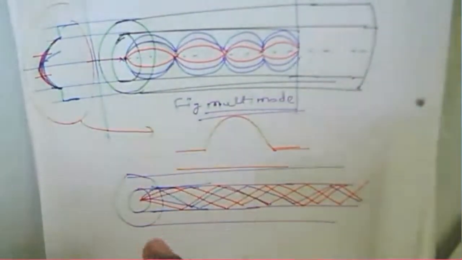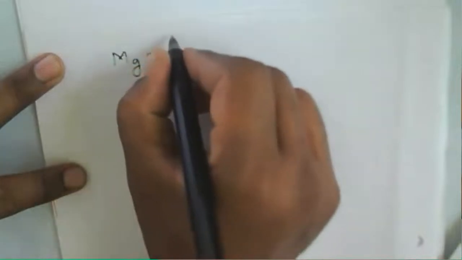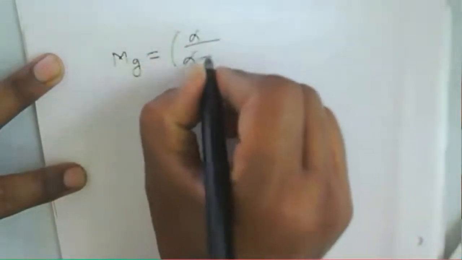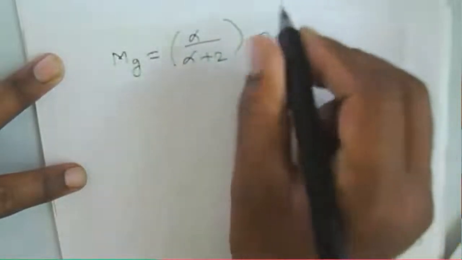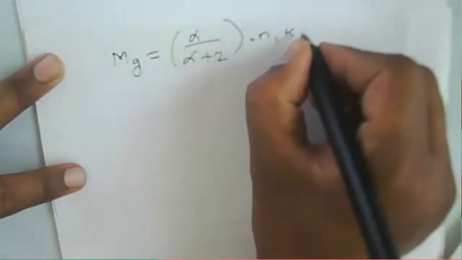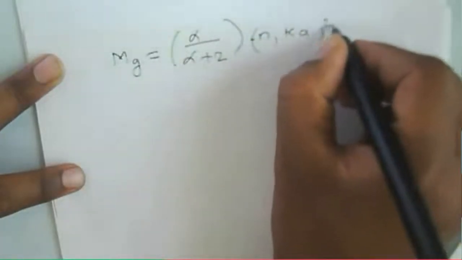So, in that case, how many modes are propagating through the fiber? We can calculate using the equation there, and that depends upon the index profile. For the gradient index fiber, the number of modes propagating is equal to alpha by alpha plus 2, into the refractive index of this particular fiber, the wave number, and the radius of the fiber, into del.